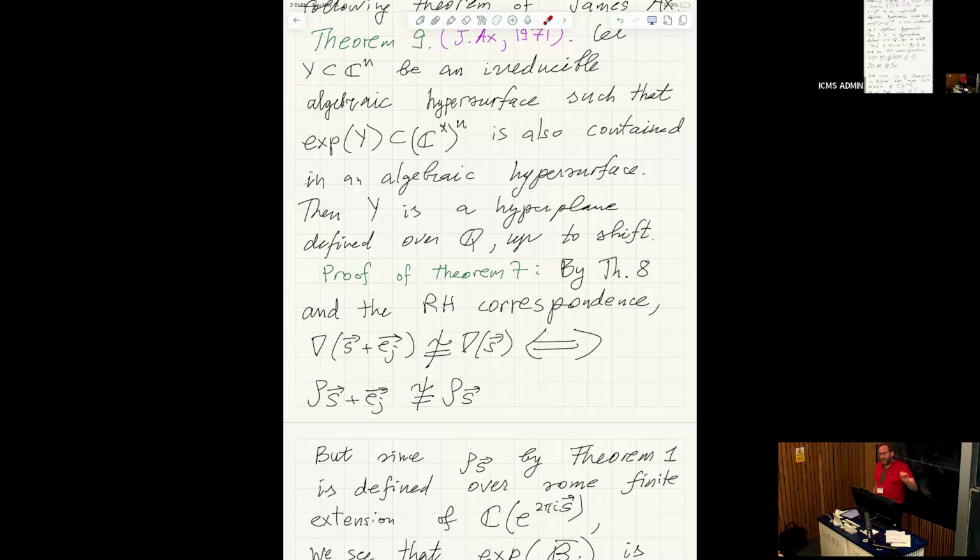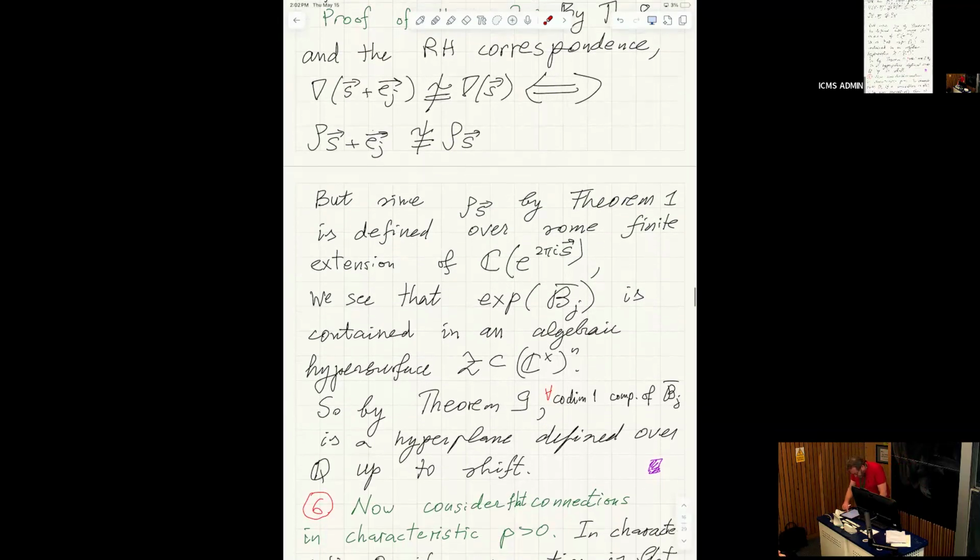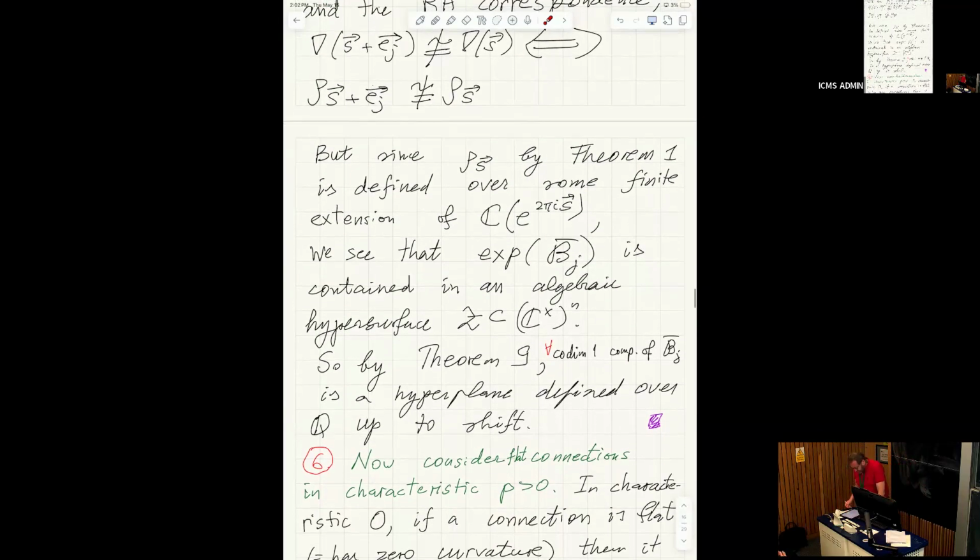And that means that, in fact, in the variables S, it has to be a hyperplane defined over Q, and in exponential variables it has to be a hypertorus. Okay, so this means that every irreducible component of this pole variety is a hyperplane defined over Q up to shift.